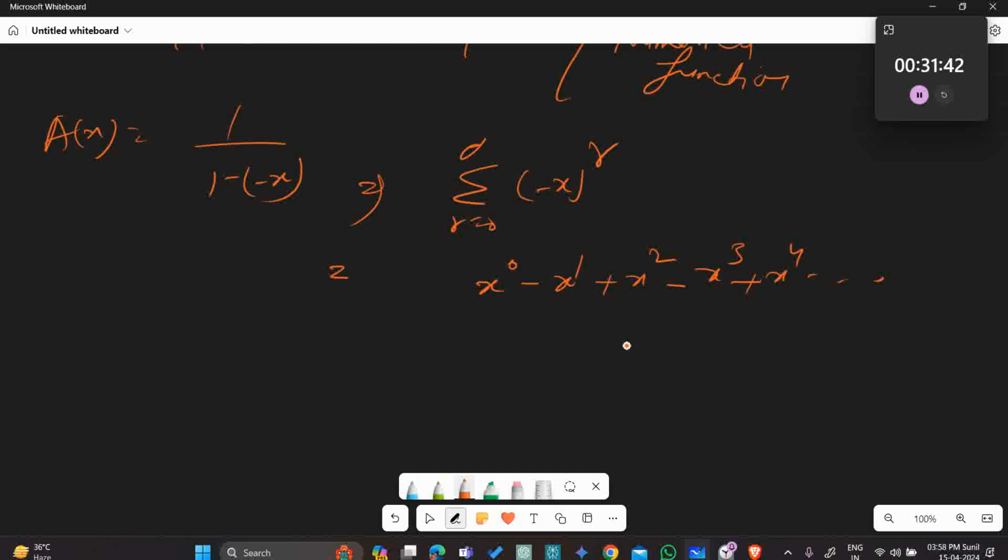It's a very important sequence here. Minus 1 to the power r x to the power r. A r is minus 1 to the power r.